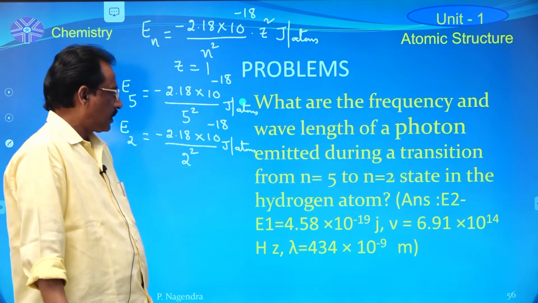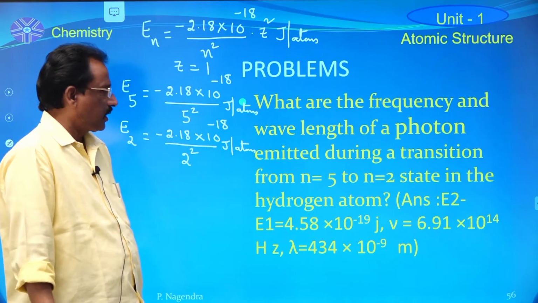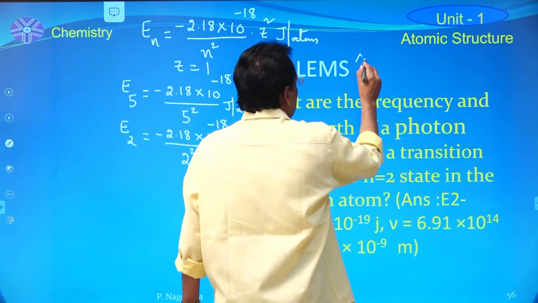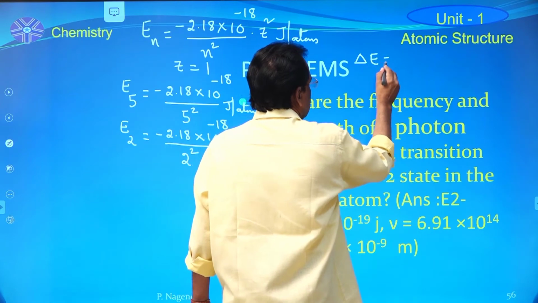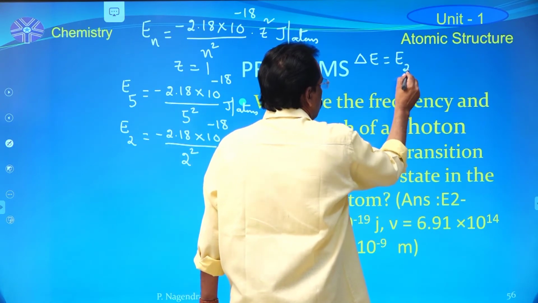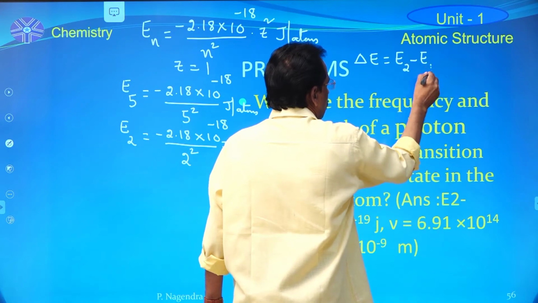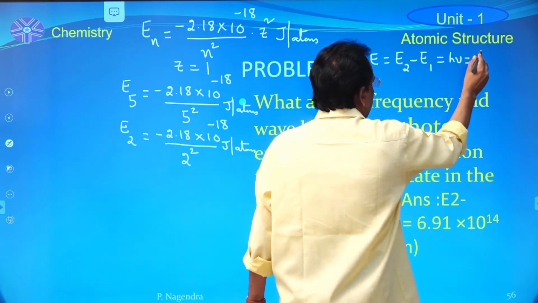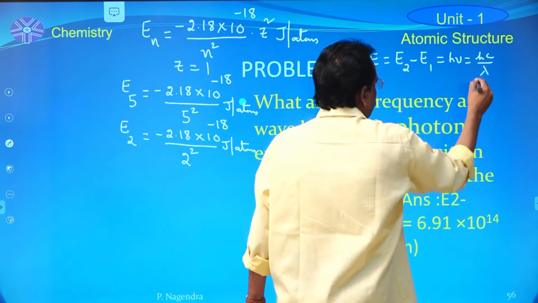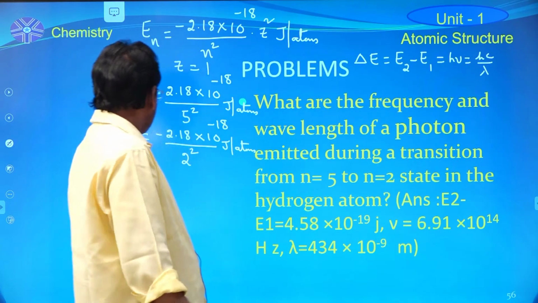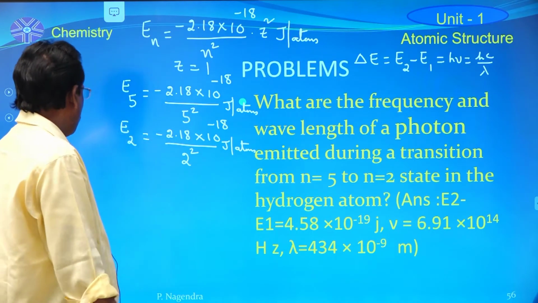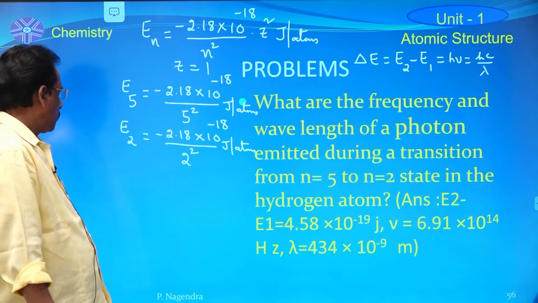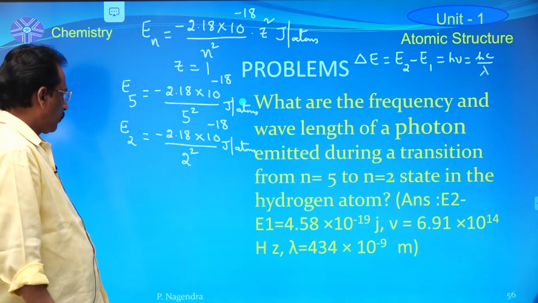Now, if you want to calculate frequency and wavelength, according to Bohr's theory, delta E is equal to E5 minus E2, which is h nu or hc by lambda. From Bohr's theory, this is the E5 value and this is the E2 value.